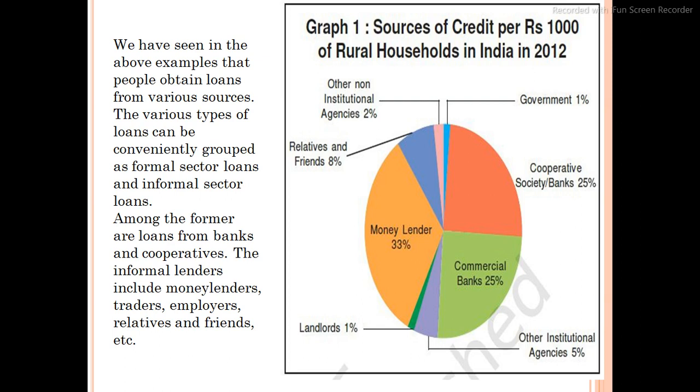So what are the formal and informal sources of loan or sectors of loan? Give an example. That can be a question for your examination in MCQ form. Please note it.